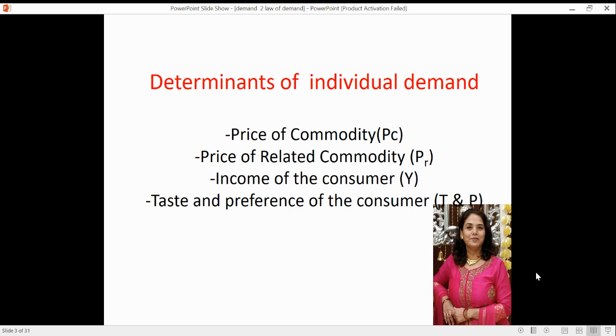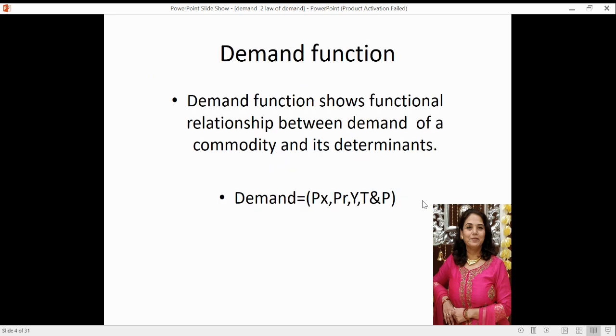Now to study demand function, let's revise determinants of individual demand: price of the commodity denoted by PC, price of the related commodity PR, income of the consumer given by A, taste and preference of the consumer given by T and P. Demand is of an individual, called individual demand.